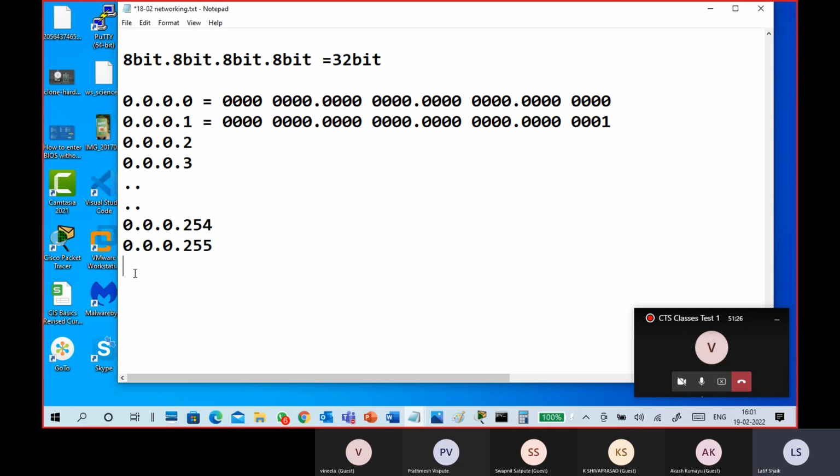The next one becomes 0.0.1.0, then 0.0.1.1. Like this, it will go. Finally, it reaches 255.255.255.255. You know what is the meaning of this? 11111111.11111111.11111111.11111111.